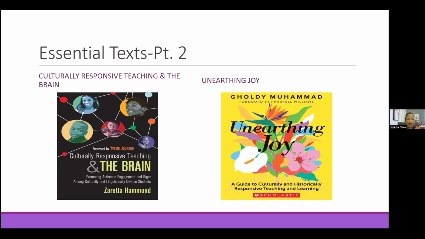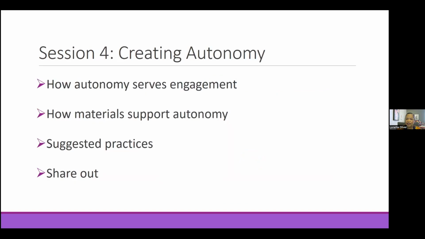So with that said, today's focus is mainly on creating autonomy, and we can do so by utilizing several things. First of all, making sure that we are tapping into the highest levels of student engagement within our online or hybrid classrooms.